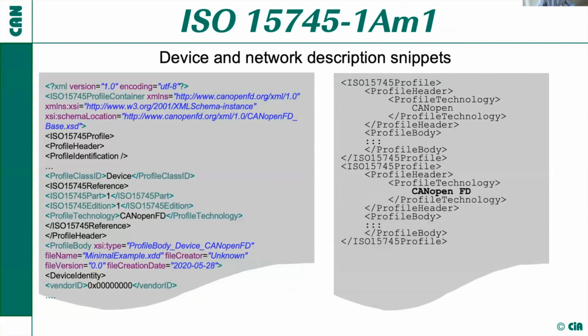Just an example of how this device and network description look. It's much bigger than this. I just wanted to point out that this is a screenshot of a real-life device description file we've already generated, although it says unknown, but it was just an exemplary one. On the left side is a snippet of the device description.